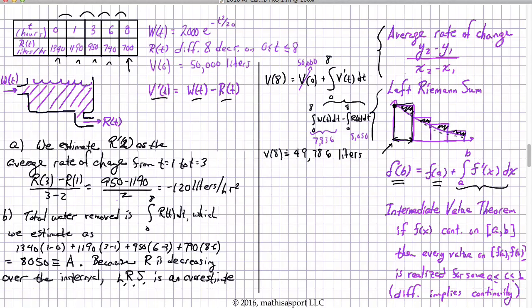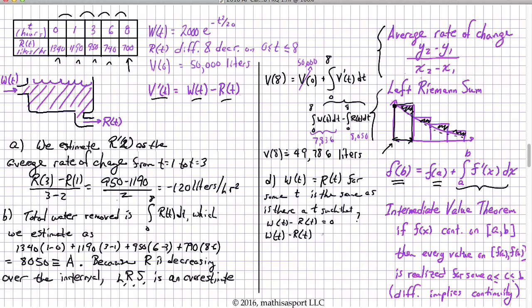Now, again, it's something that you need to be familiar with, but when they ask whether w of t equals r of t for some t, that is the same as asking: is there a t such that w of t minus r of t equals 0? Why do we know that the intermediate value theorem applies?